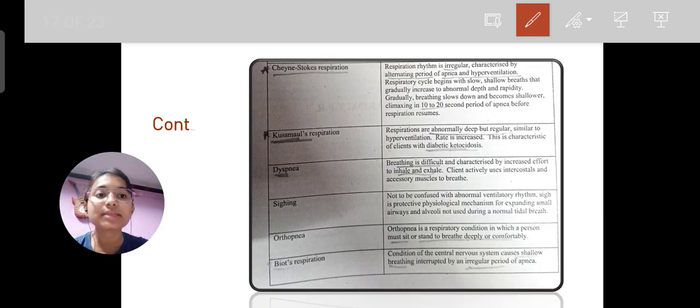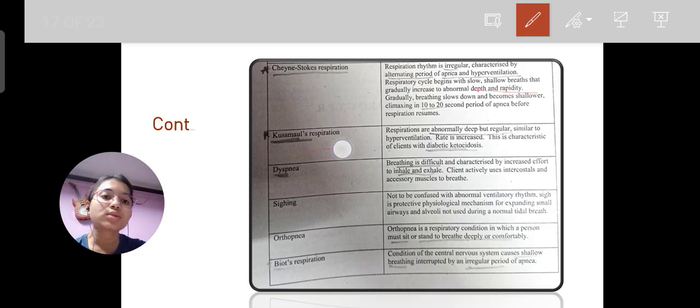So this is the Cheyne-Stokes respiration. It is written that the respiratory cycle begins with a slow shallow breath that gradually increases to abnormal depth and rapidity. Then gradually the breathing slows down and becomes shallower, then again the increased depth and rapidity, then again slows down. So this is the Cheyne-Stokes respiration.